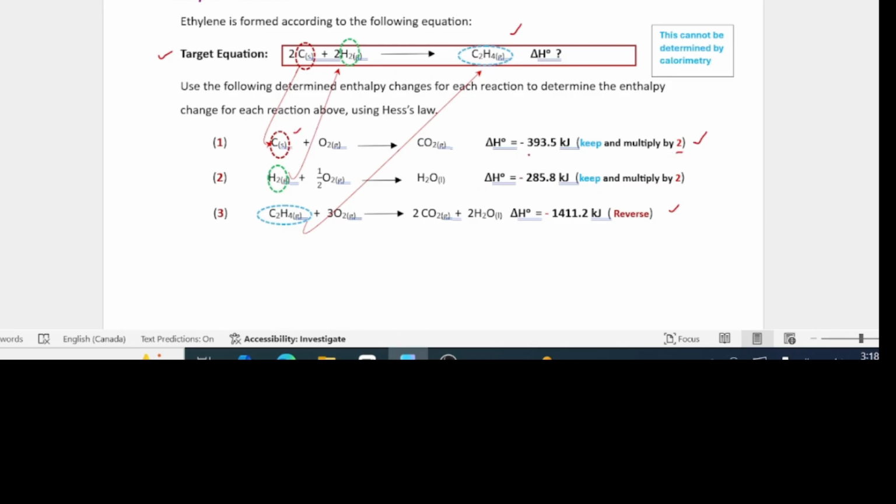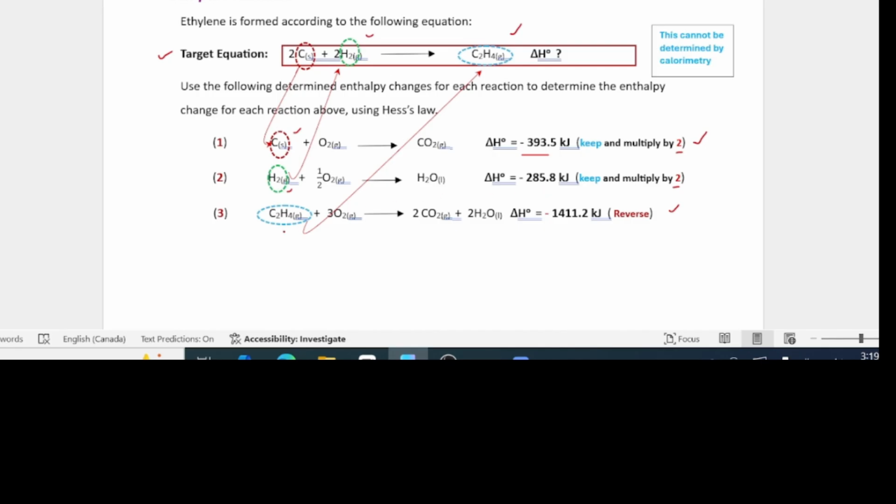And that includes the energy term that's given here. Okay? Next, inspection of this equation shows that, what do we have? We have hydrogen again here, and hydrogen is present here. Again, we only have 1 mole of hydrogen here, but we have 2 moles here. What do? We keep this equation as it is, but multiply everything by 2, including the energy term.